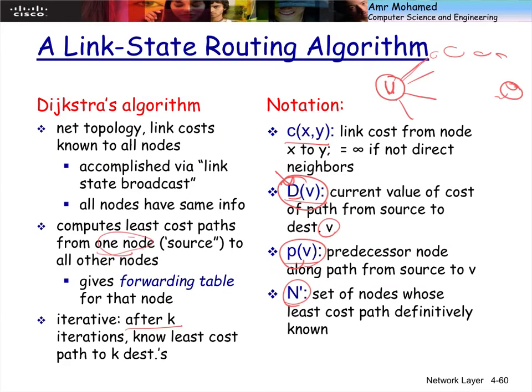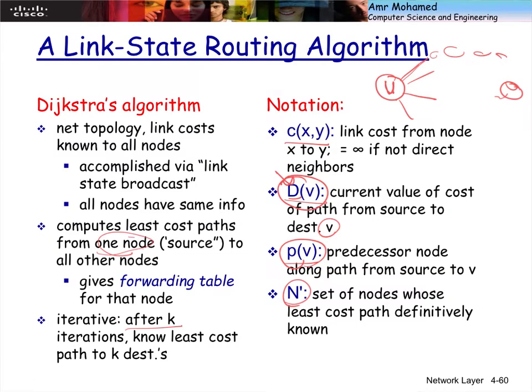And in every iteration, we have to add one node to N dash. So we know deterministically when to stop: when N dash becomes N, meaning when N dash contains all the nodes in the network. We stop. Very easy. So the criterion to stop is very easy. Once N dash becomes N, we stop. Is that clear? Okay.